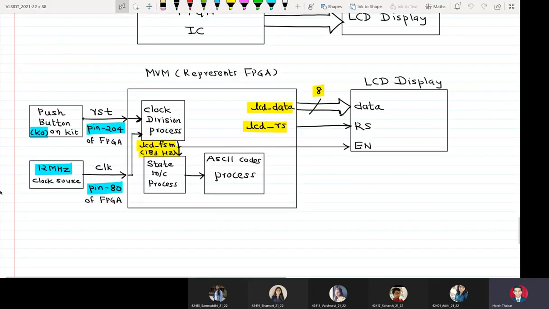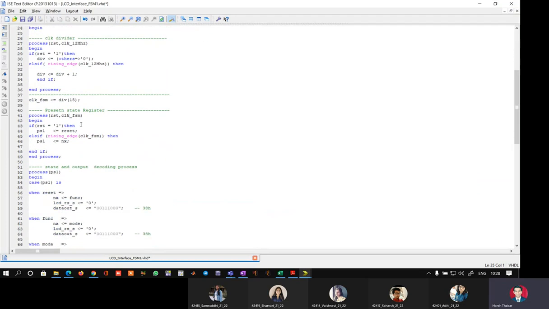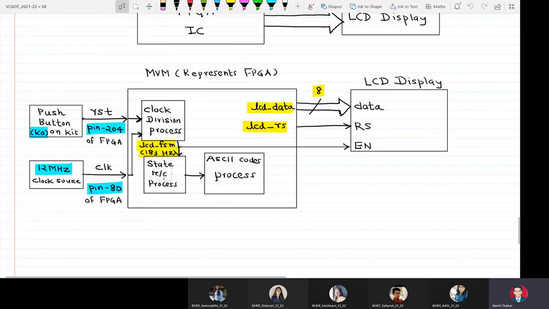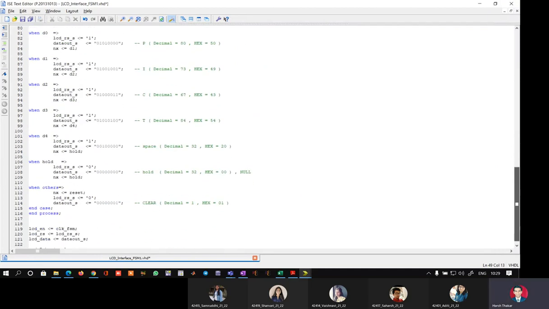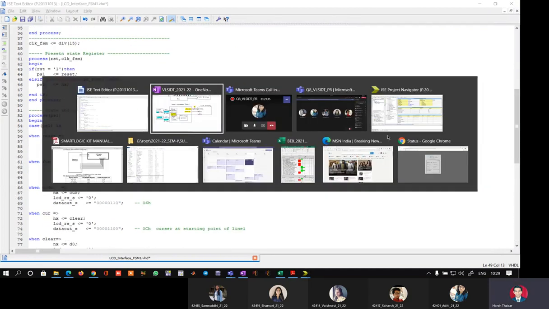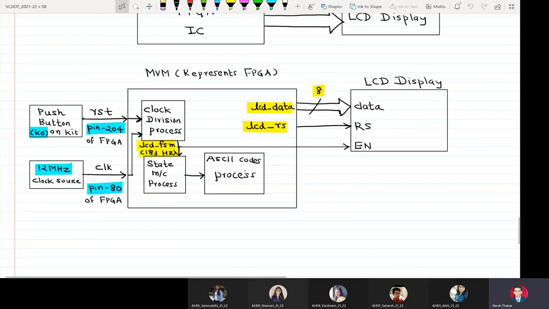I have done this for doing frequency division. So students, in this block diagram, this process number 1 represents the first block, clock division process. The second process, which is from line number 41 to 49, is nothing but this particular block, that is state machine process. And the third process, which goes from line number 52 to line number 116, is nothing but my third process, that is the ASCII code process.